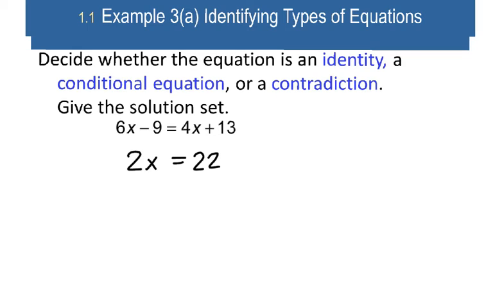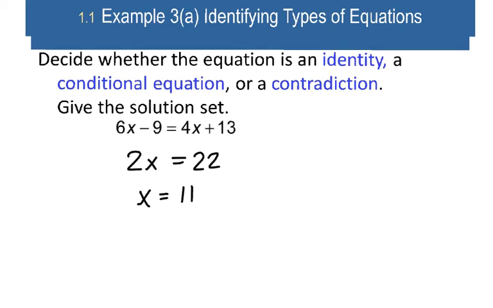And now using our multiplication and division property, divide both sides by that 2, we end up with x equals 11. Well, since we actually ended up with the solution for x, this is known as a conditional equation.